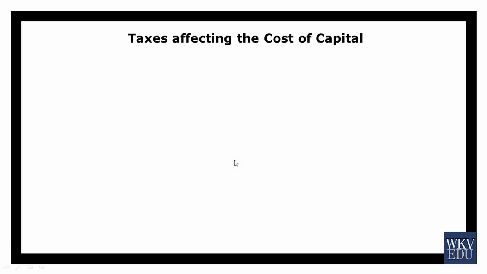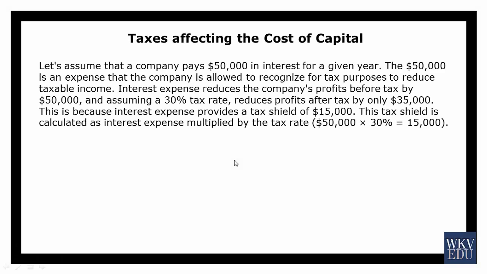I repeat again, if you take a pen and paper and prepare two dummy income statements, one with interest expense and one without interest expense, you will see that the difference between the PAT, the profit after tax, of both statements is a result of the interest tax shield, which is 50,000 times 30%, $15,000 in our case.